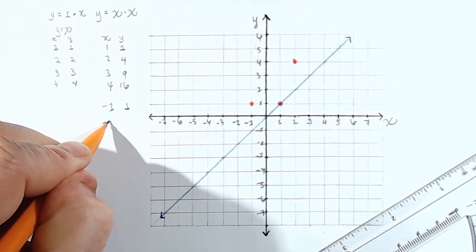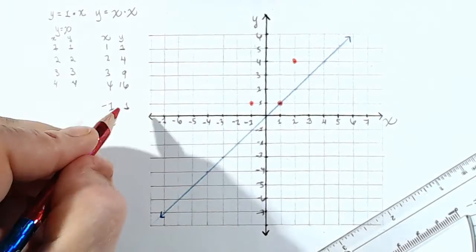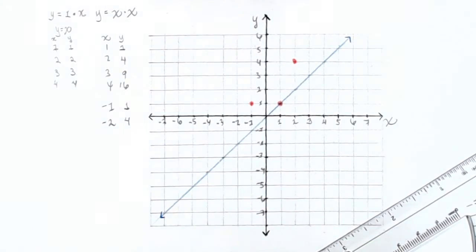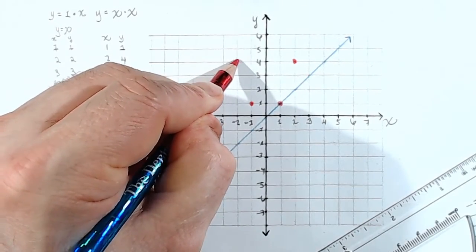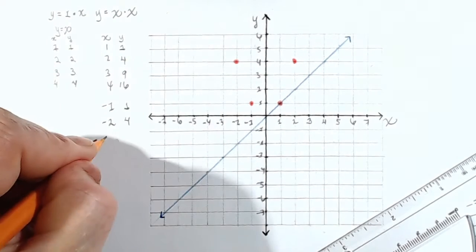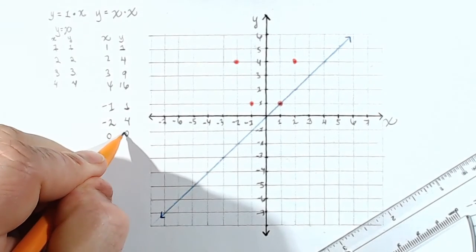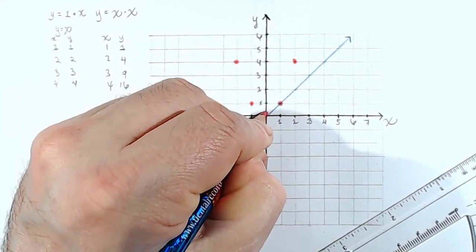How about -2 squared? -2 times -2 is +4. So now I'm up here. Now we should ask ourselves a question. How about 0? Okay, well, 0 squared, 0 times 0 is just 0. So one of the points on this new graph is right here.